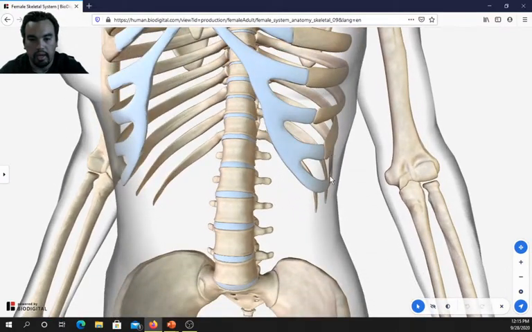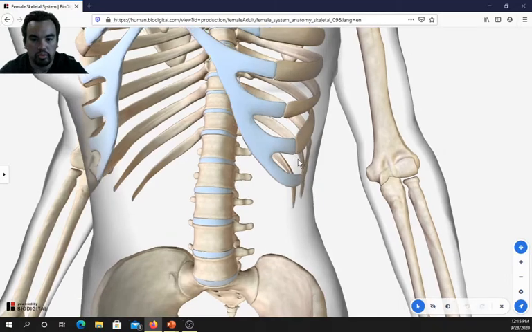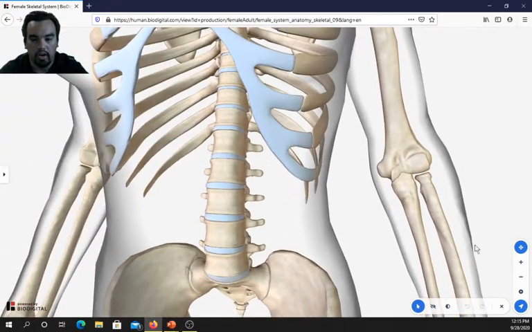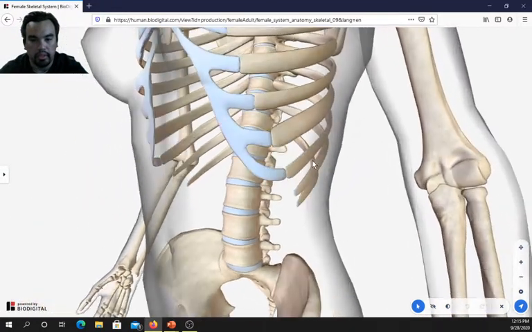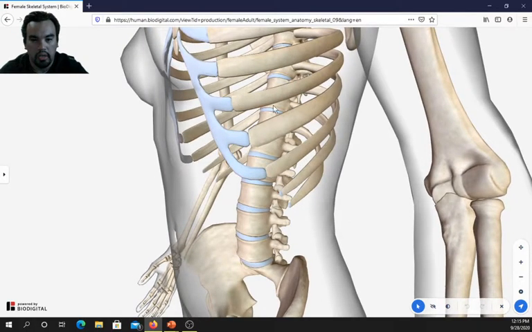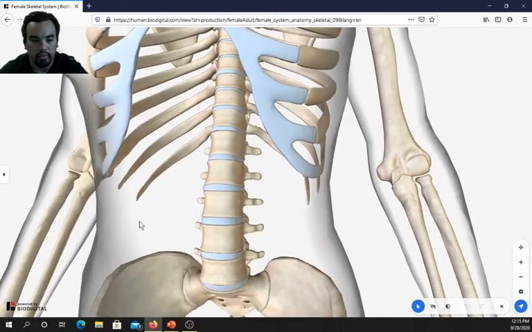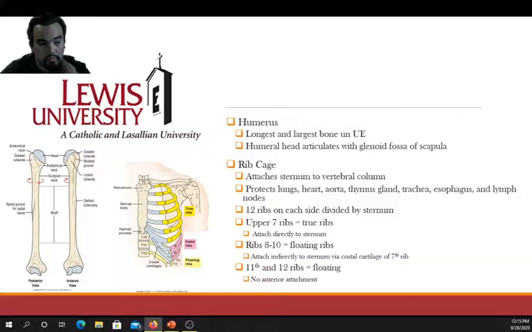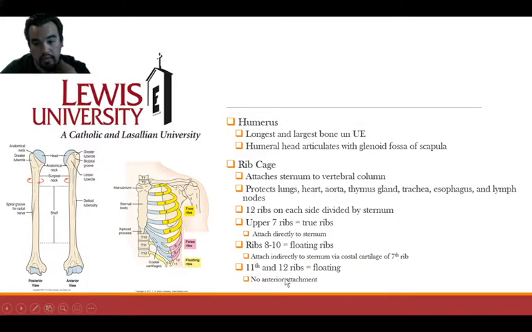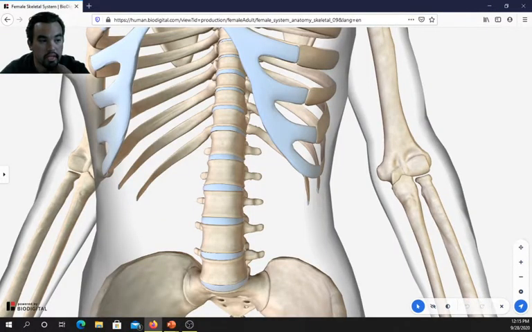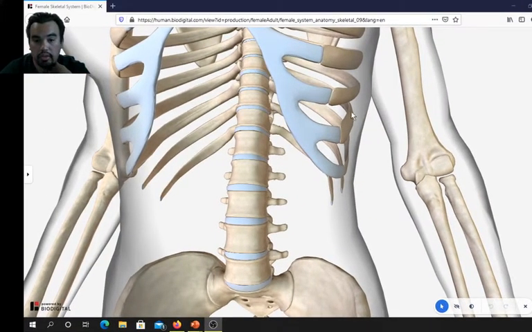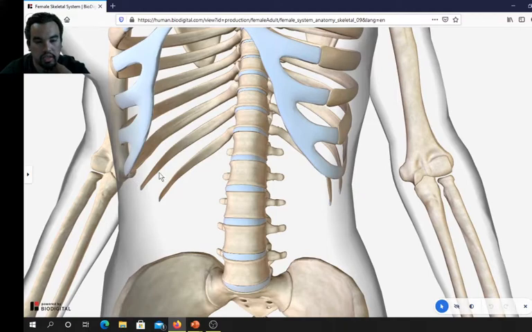Then we have 8, 9, and 10, these last little ones down here, that are our false ribs. And then we have our 11th and 12th, which are full-on floating ribs. And that's because they don't attach through this fibrocartilage right here. This white is fibrocartilage. And these 11th and 12th ribs don't actually do that. You see that they just kind of hang in there. Okay?